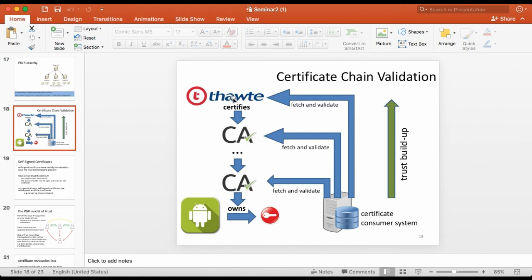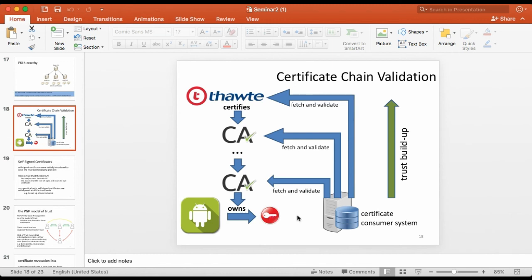Now, of course, you could dismiss the whole thing if you don't trust the root CA. You can say, well, I don't trust Thawte, and therefore I'm going to dismiss the whole chain of trust, and I don't accept that Alice or Bob own this specific public key.